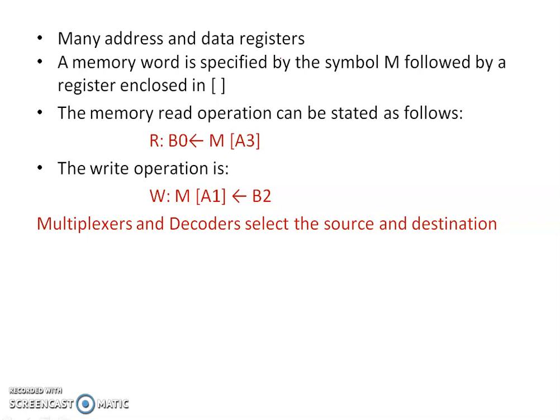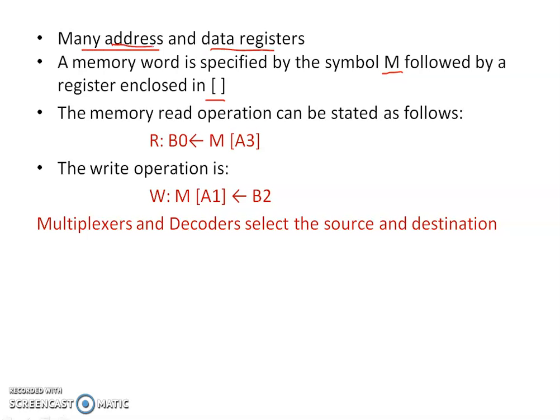So it makes use of address and data registers. A memory word is specified by the symbol M followed by a register enclosed in square brackets. It makes use of many address and data registers.